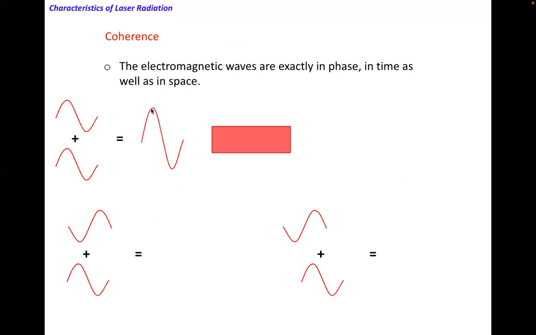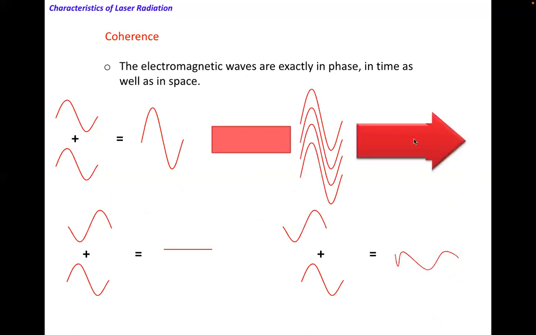They are going at the same maximum and minimum in space. Okay, so this will add up, right? But if they are out of phase, they can cancel out, or they will just produce a beat-like pattern here. What we want are in-phase, coherent waves, because they will add up and produce higher intensity radiation.